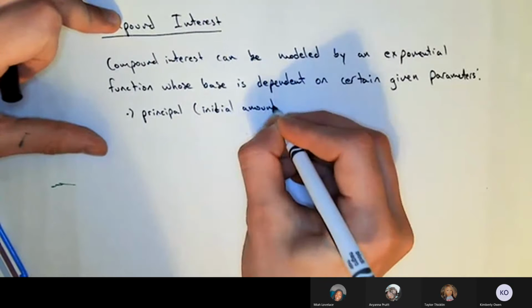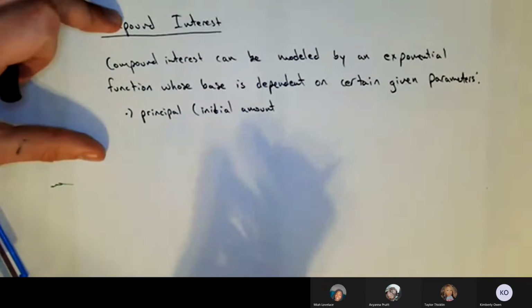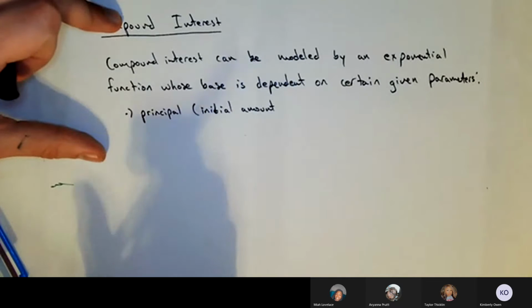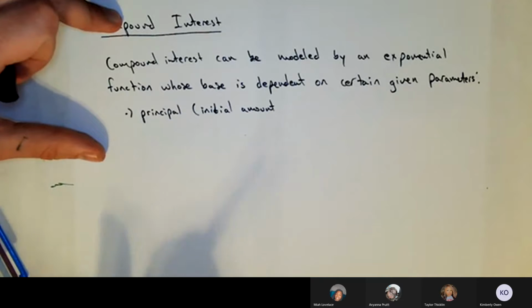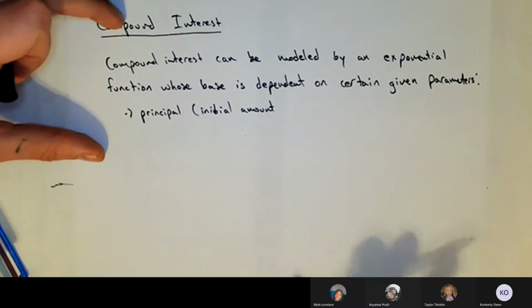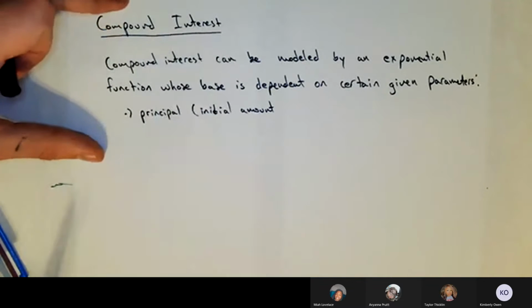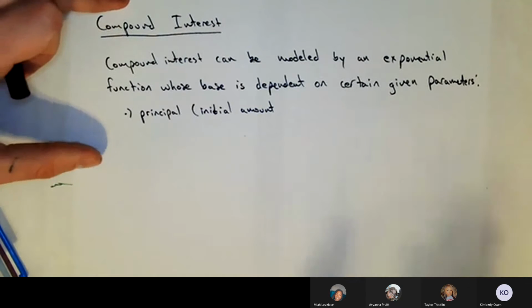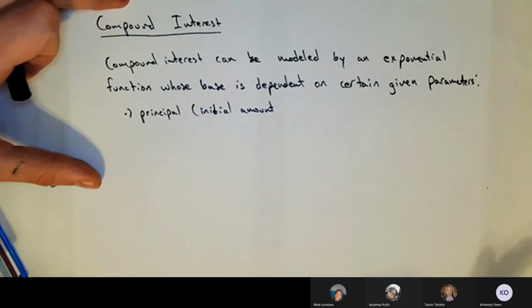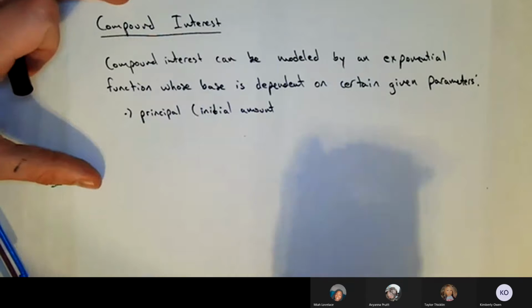So I'm telling you what the base is. Remember, base is that letter a, the a to the x, the lowercase a raised to the x. That lowercase a is what we call the base of the exponential function. The base of this compound interest function is going to look way more complicated. There's a lot more going on, but I'm just building up to that.